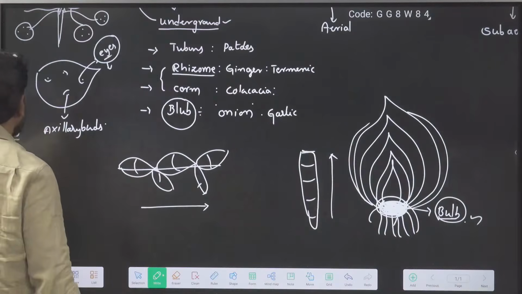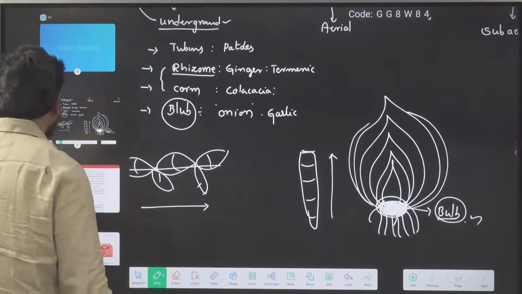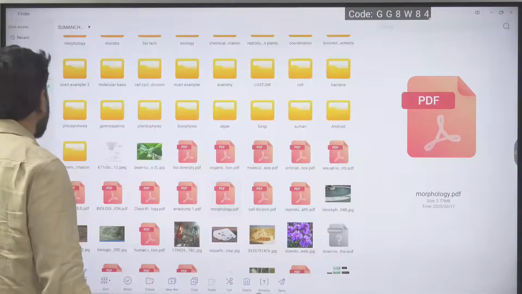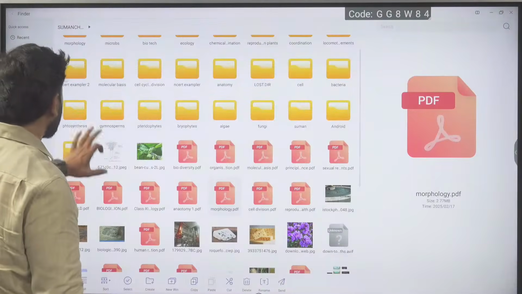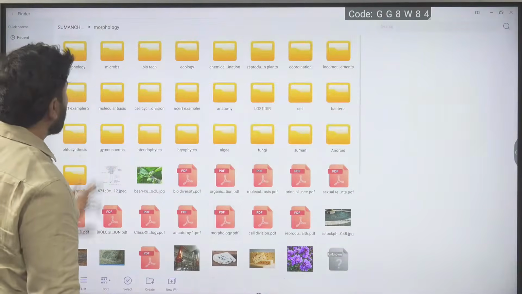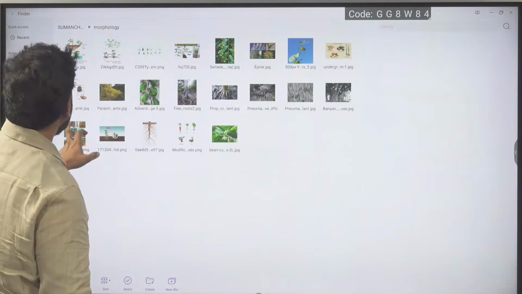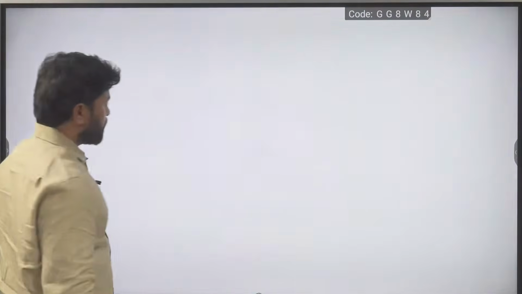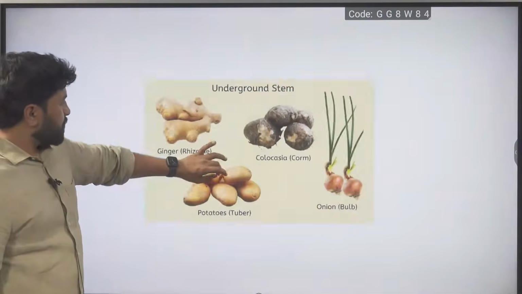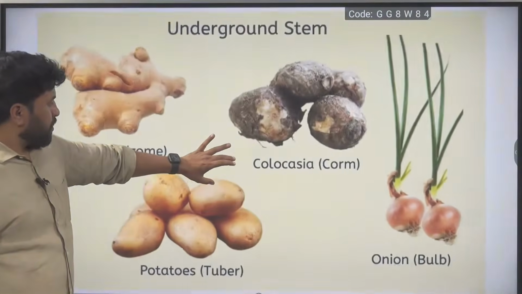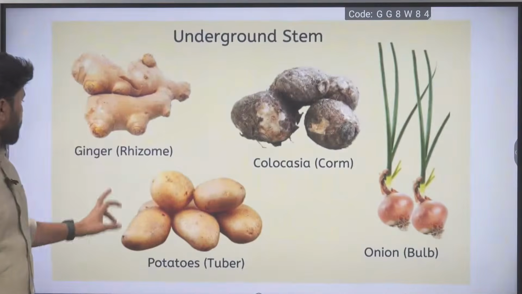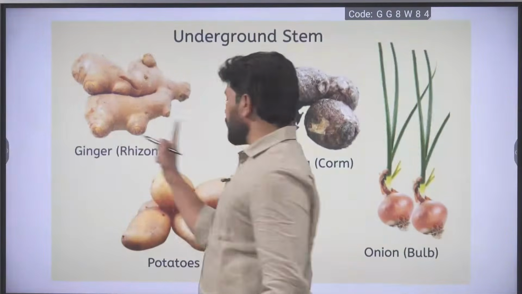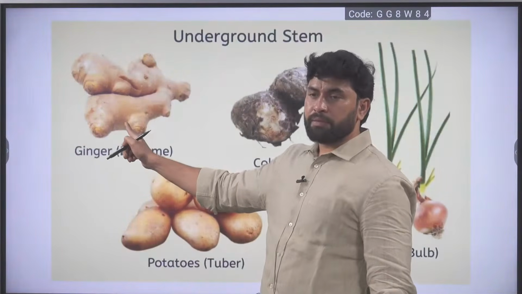Next one. These are all our underground stems of various plants. Let me show you the best examples regarding these underground stems. I have taken some examples for you. See here. This is ginger, horizontal growth of stem.